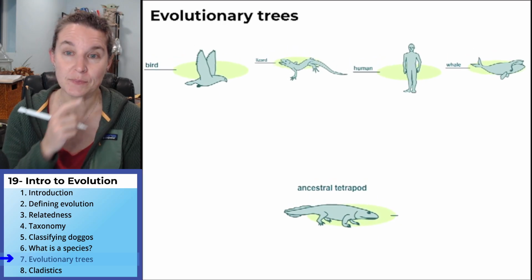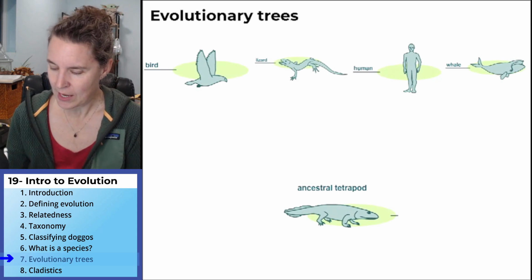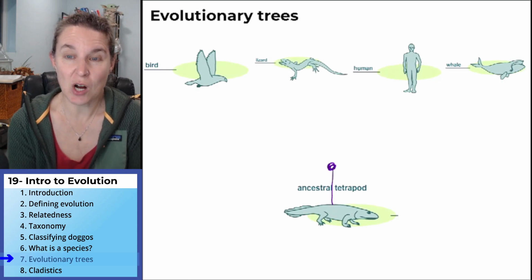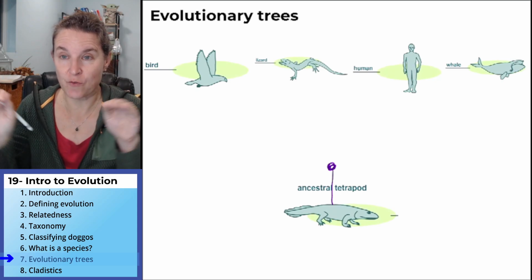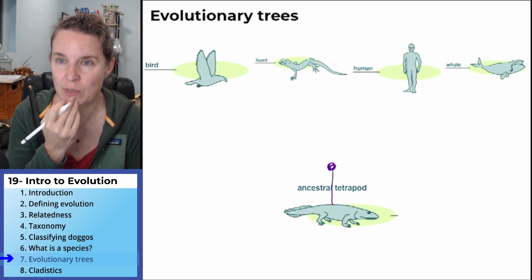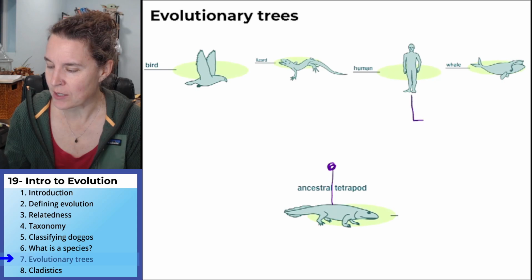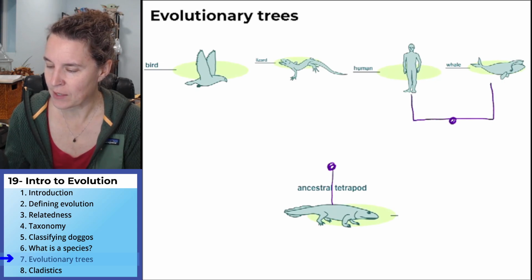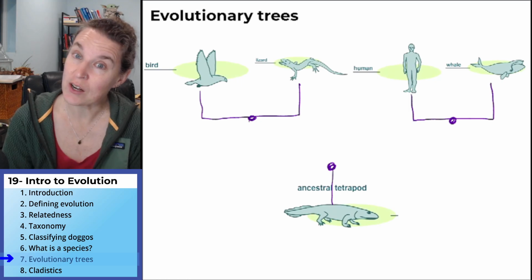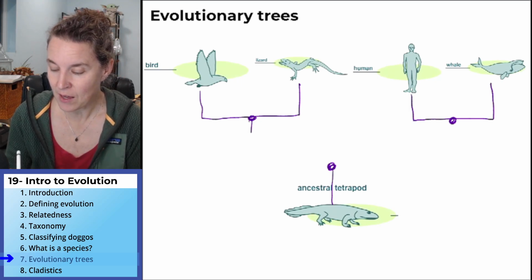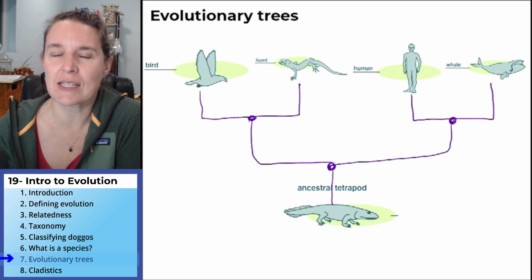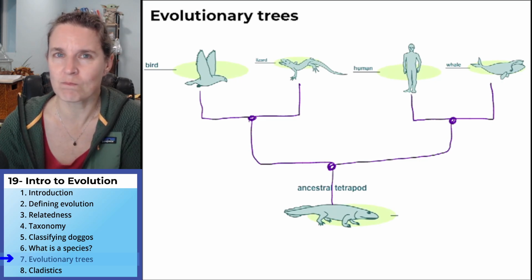Let's make one. Let's see if we can imagine this ancestral tetrapod as our most recent common ancestor for these 4 living critters. And they're placed in correct order, because you can imagine the whale and the human share a common ancestor, and the lizard and the bird share a common ancestor, and they share the ancestral tetrapod ancestor.